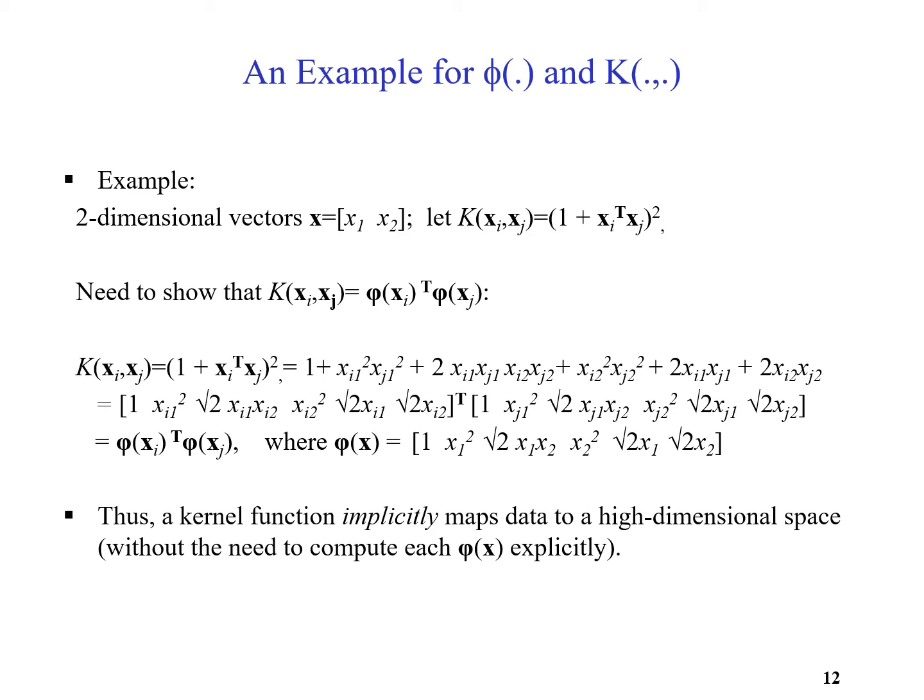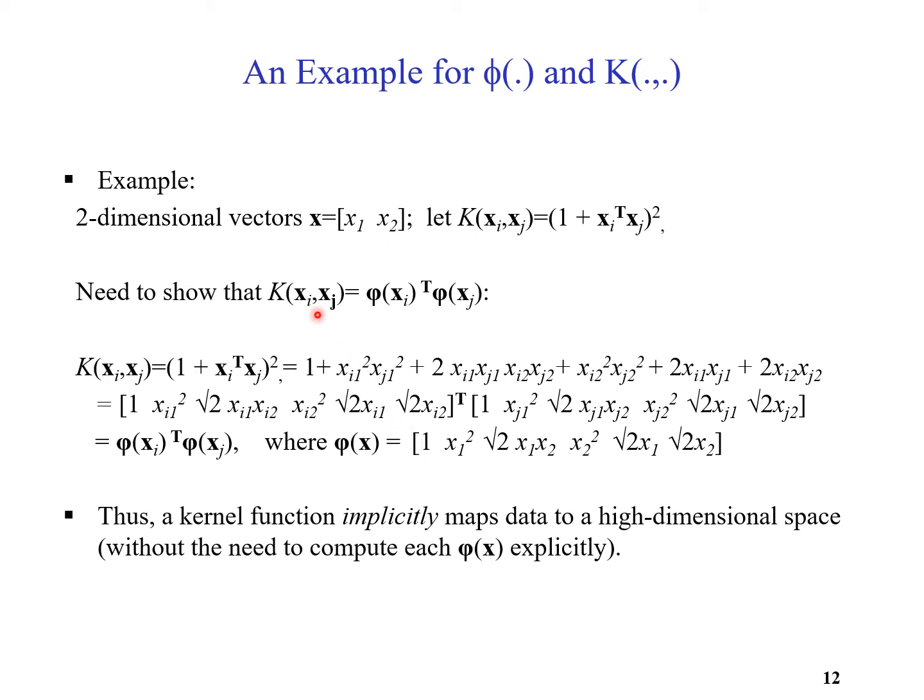So what is nice about the kernel function is, let's say you picked a kernel function like this. By the way, this is called a polynomial kernel. So this kernel replaces this inner product of mapping. One nice thing about this kernel function is that it automatically determines the number of dimensions and also the configuration of the dimension.